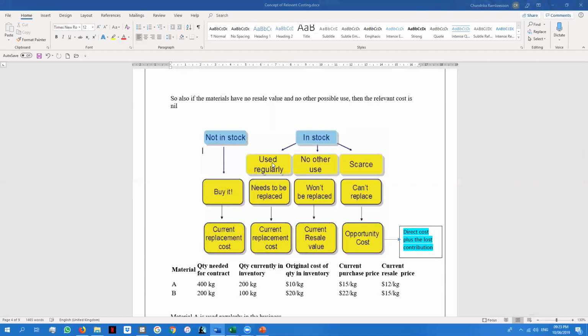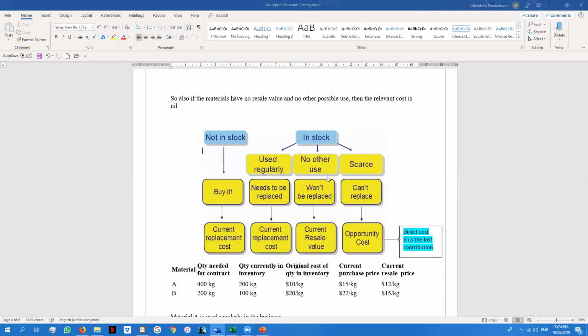So it's very easy. As long as the materials which are required for the contract are regularly used by the company in doing what it normally does, the relevant cost will be the replacement cost, just as this one over here, because it would have to be replaced if used on the other job.